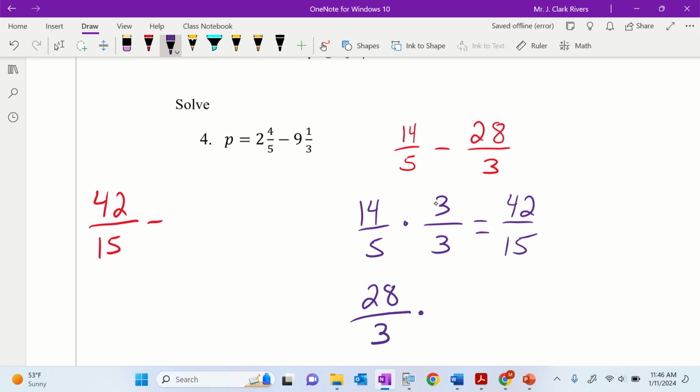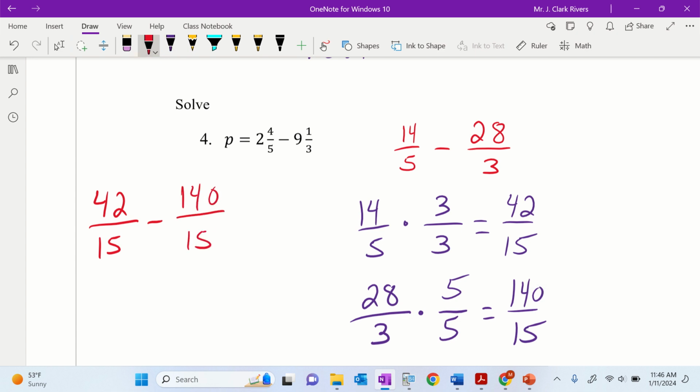We're going to multiply this by something over something to give us a denominator of 15. 3 times 5 is 15, and we have to also put a 5 in our numerator. 28 times 5, let's see here. 25 times 5 is 125. 3 times 5 is 15. 15 plus 125 is 140. So this is 140 over 15.